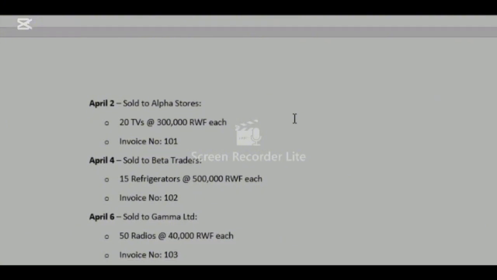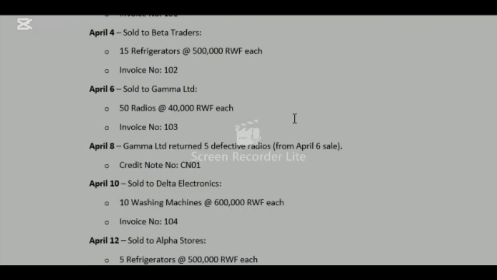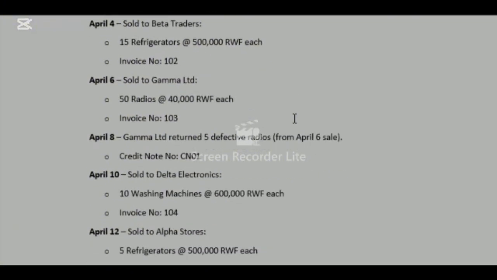On April 2, sold to Alpha Stores 20 TVs at 300,000 each with this invoice number. On April, sold to Beta Traders 15 refrigerators at 500,000 each, invoice number 102.